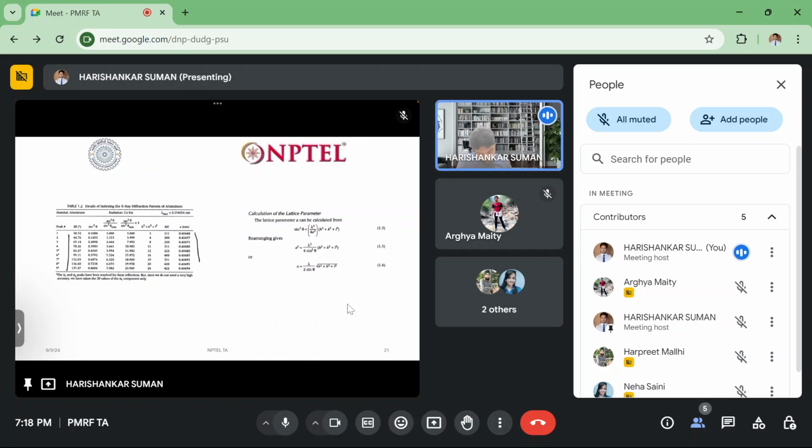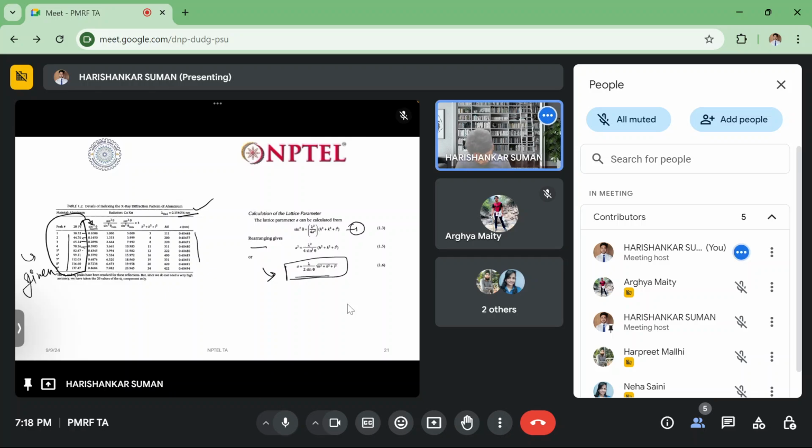So we have this equation. Rearranging, we can calculate a, the lattice parameter. First, the 2 theta values are given, and this is also given. So let's calculate the corresponding sin square theta.